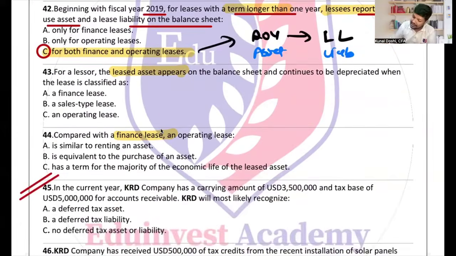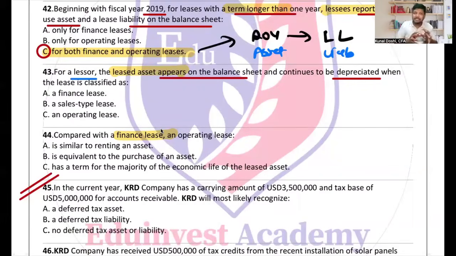The lessor is the one who is going to give the asset, right? The leased asset appears on the balance sheet and continues to be depreciated. Guys, in a finance lease, the asset eventually goes to the lessee. But in an operating lease, the asset still remains in the books of the lessor. So the lessor is charging depreciation on it. Got it? So in which lease?